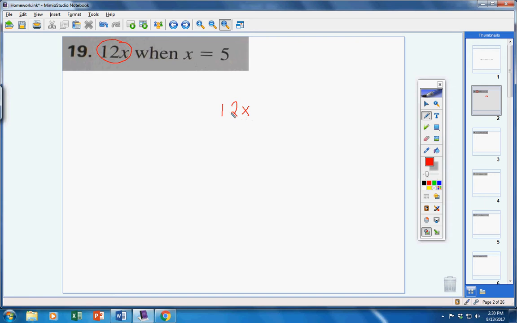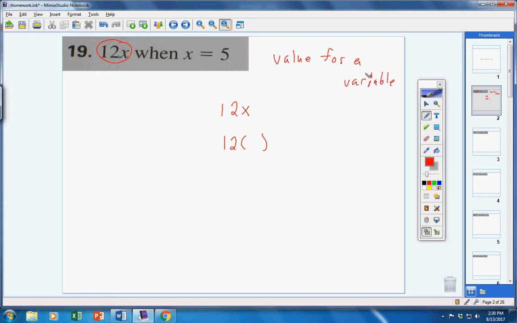Now remember, listen students, get into the habit now of always putting parentheses when you make a substitution for a variable.